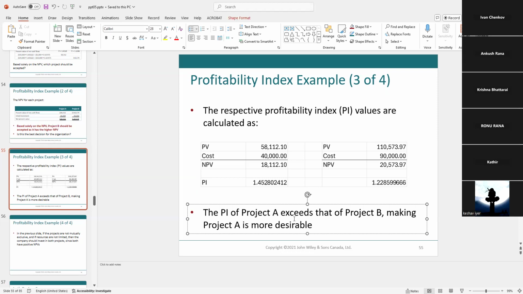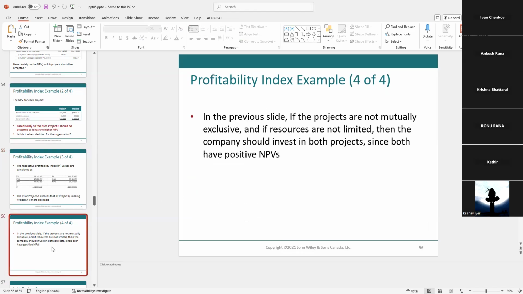So in this case, project A exceeds project B, which makes project A more desirable. It's better for you to invest 40,000 and generate this present value, so that's going to give you a higher return than if you go with the $90,000 investment.